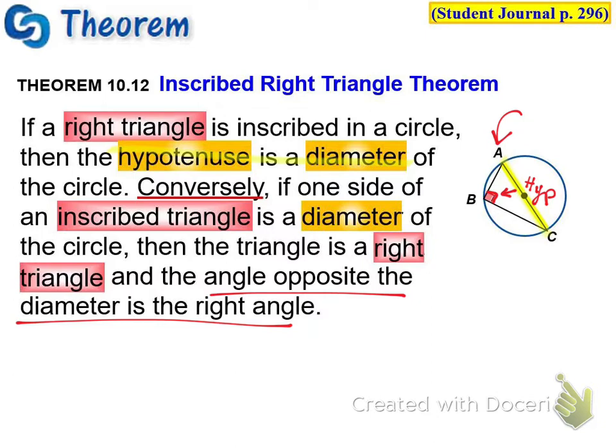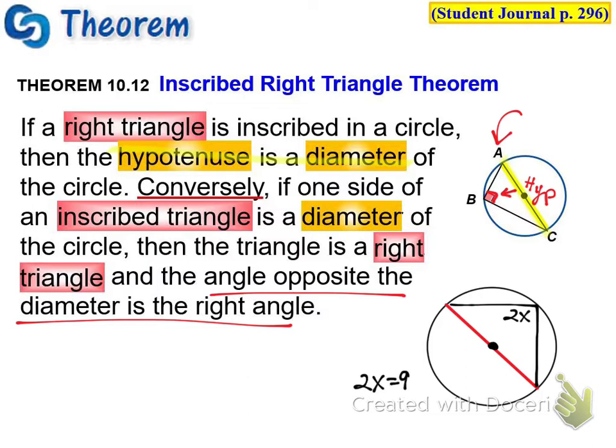Here's what this will look like on a quiz or a test. You'd have a circle. One of the sides will be the diameter. And it would look like this. And it would say, this is 2x. Find the value of x. What do we know 2x would equal in this picture? 90. Why does it equal 90?